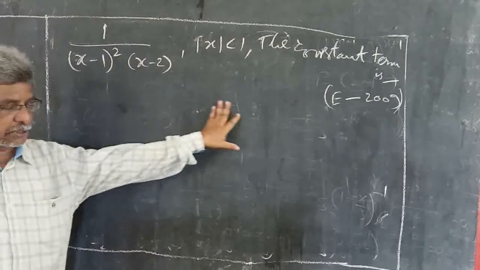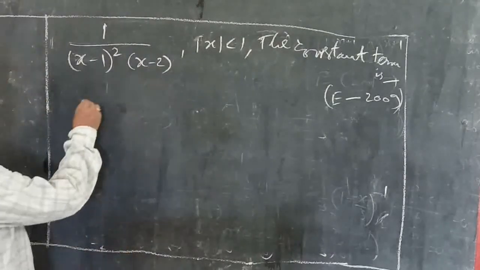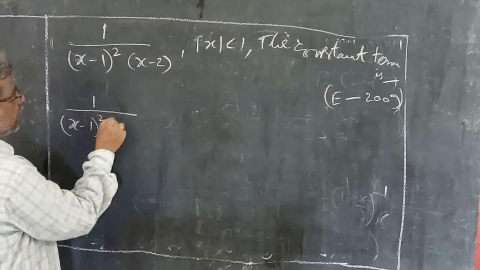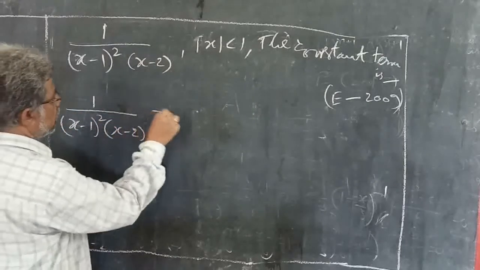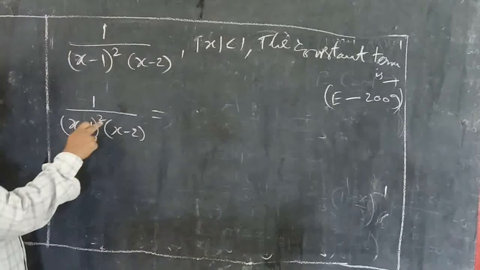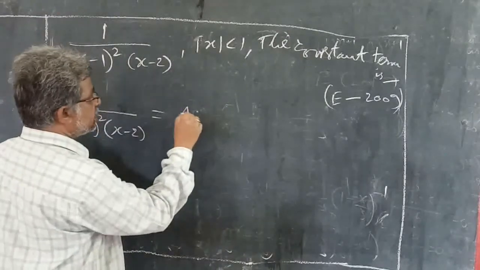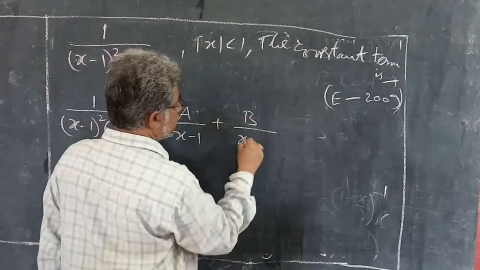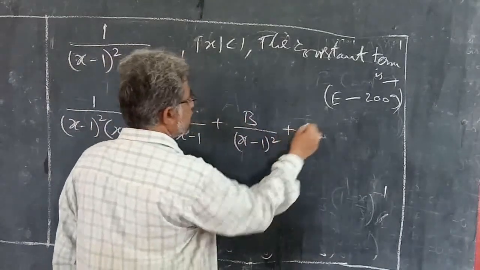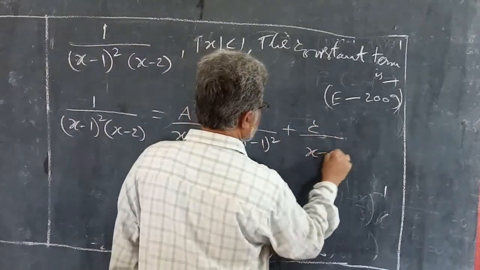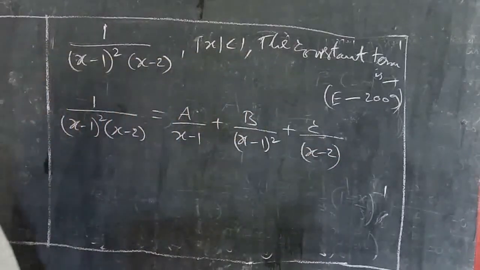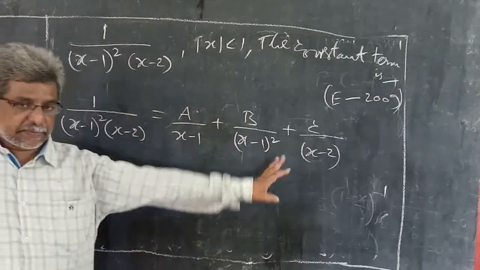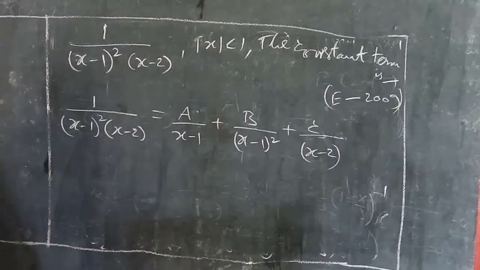For that also we need to go for A and B. The general procedure is this: 1 by (x minus 1) whole square into (x minus 2) equals, this is a linear repeated, means A by x minus 1 plus B by (x minus 1) whole square plus C by x minus 2. Now we need to find A, B, C values.